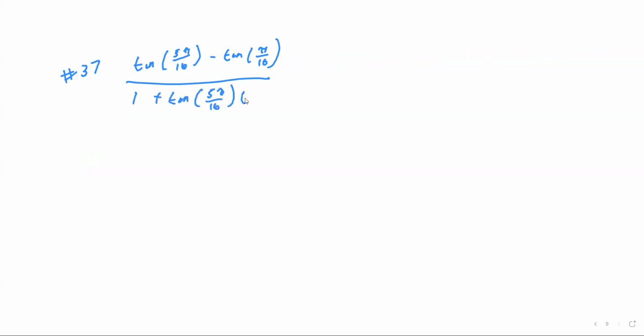So this one is tan of 5 pi 16ths minus tan of pi 16ths, divided by 1 plus tan of 5 pi 16ths times tan of pi 16ths. So again, I'm going to use my tangent function, and this will just be tan of x minus y.